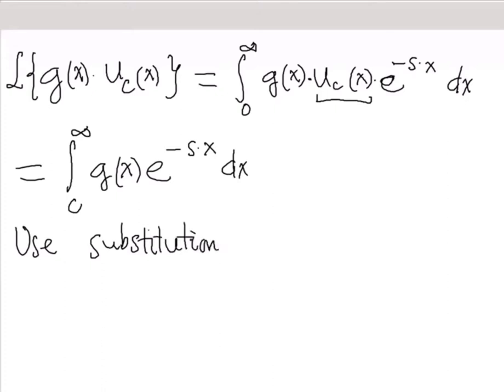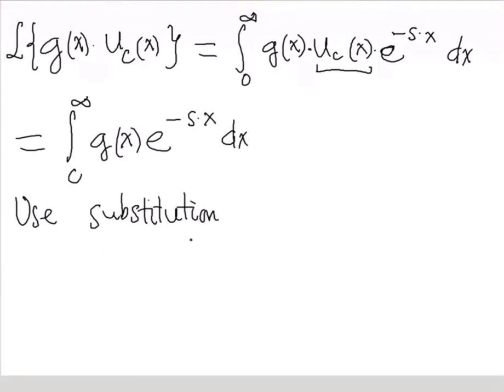In calculus 1, you usually use u for substitution, but for this calculation, instead of using u, we're going to use something else, like say t here, and the substitution is t equals x minus c.